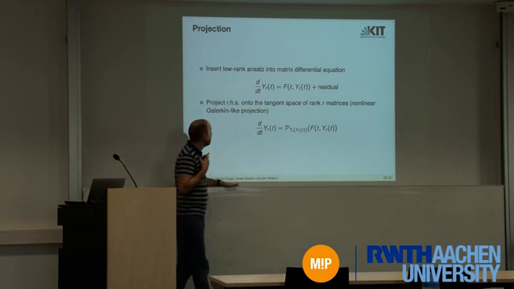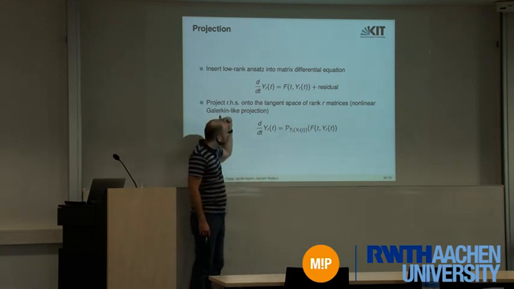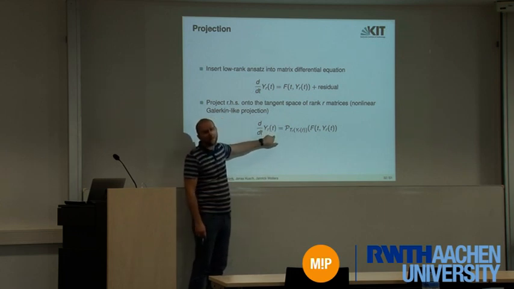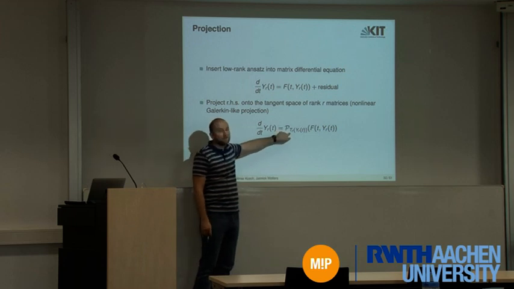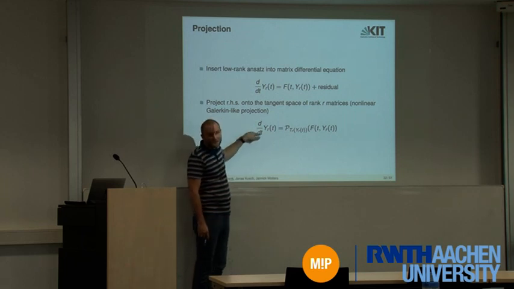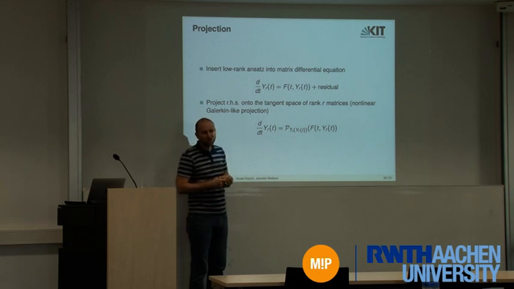Why do I do this? That's now the name dynamical: I want my evolution to stay in that space of rank R matrices. And by doing this, I enforce that. Because this is a tangent vector in a certain sense, it points in the direction in which my evolution goes.